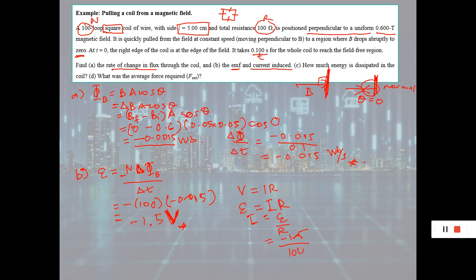So over 100, you will get the answer. This one will give you negative 0.015.